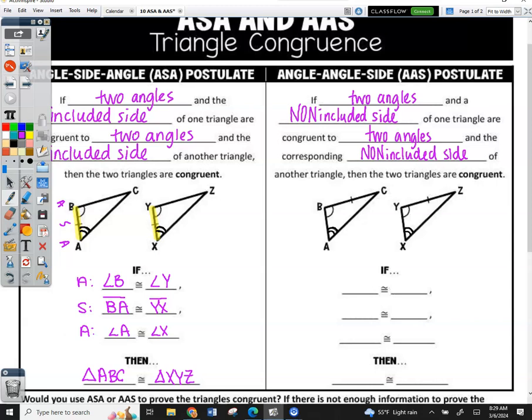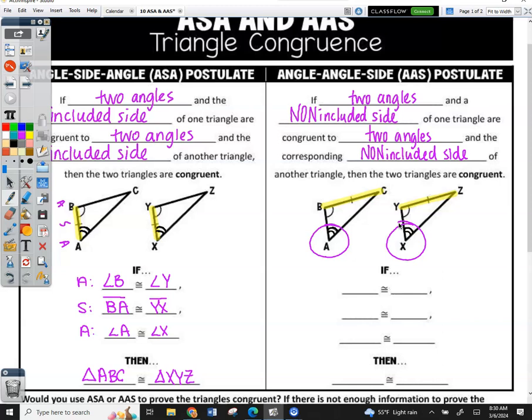If you highlight the side that is marked congruent, it will help you to know which shortcut we're going towards. So the side that's congruent here and here, you should notice is only touching one of the angles that has a congruent mark. For instance, angle A is out here, angle X is out here. Do those angles touch my yellow highlighted side?